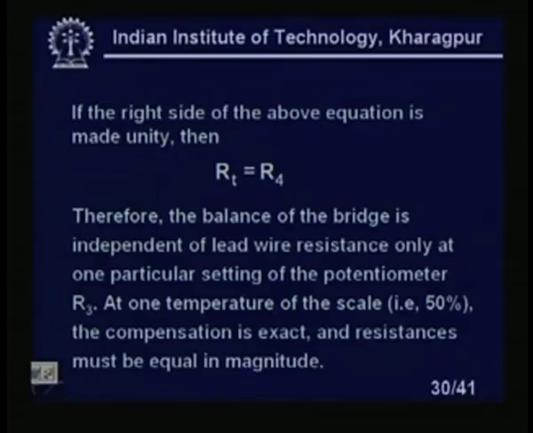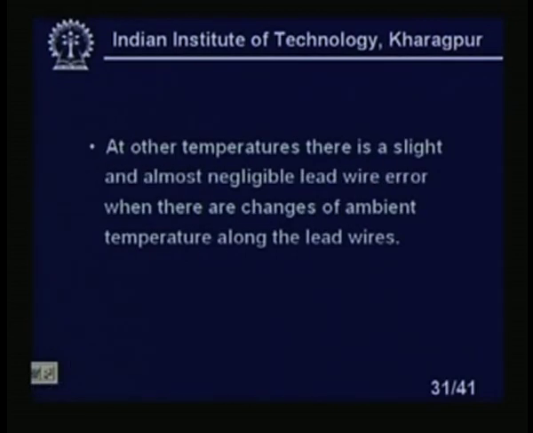Therefore, the balance of the bridge is independent of the lead wire resistance only at one particular setting of the potentiometer R3. At one temperature of the scale, that is 50%, the compensation is exact and the resistances must be equal in magnitude. At other temperatures, there is a slight and almost negligible lead wire error when there is a change of ambient temperature along the lead wires.